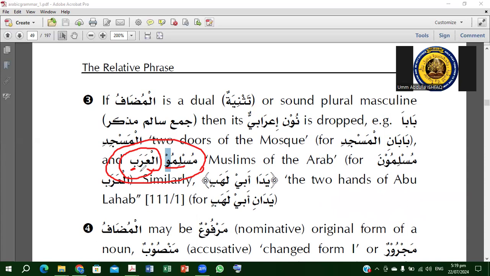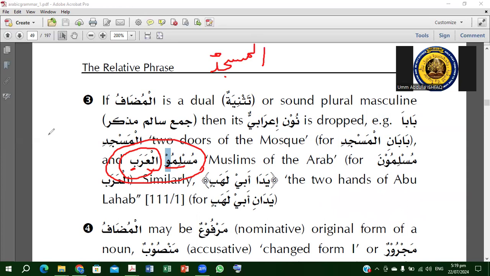A very important rule I'm telling you. Whenever you see a noun in halat jar, there can only be two reasons. For example, I'm just taking masjid, or let's make it a proper noun, al-masjid. Normally it is al-masjidu. This is the default condition.